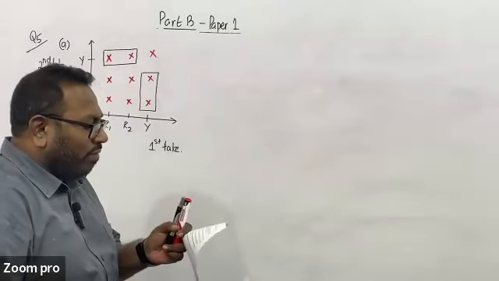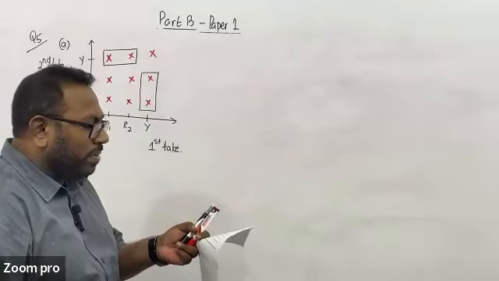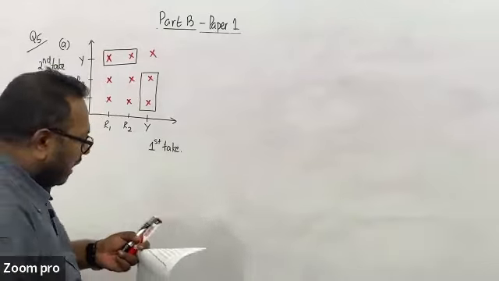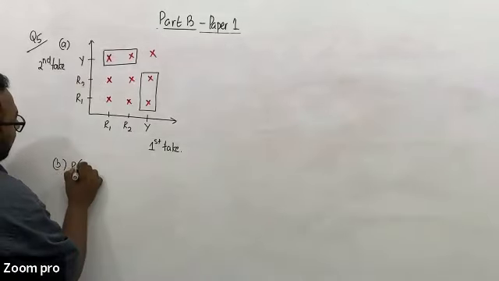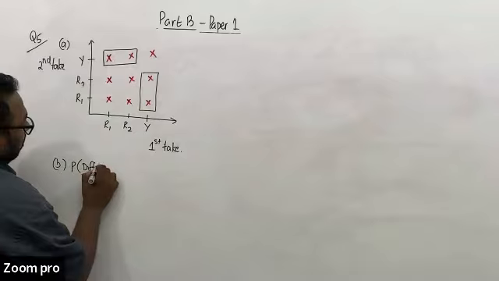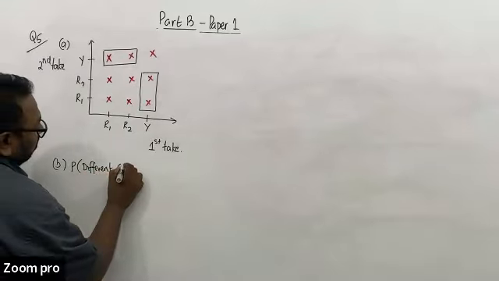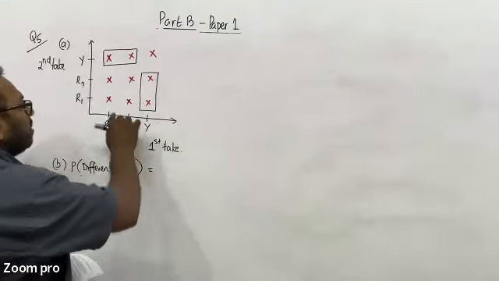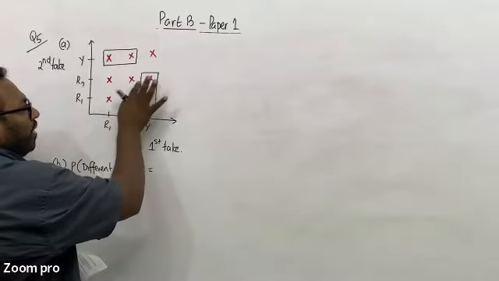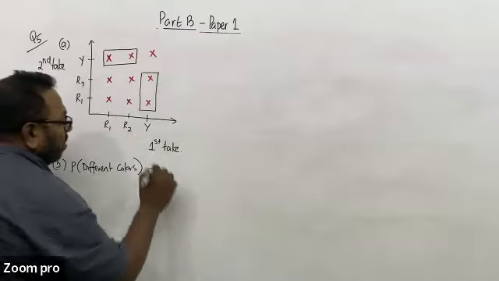So they are asking, find the probability of obtaining beads of different colors in both occasions. So question number B, probability different colors, right? What is your total sample space? 1, 2, 3, 4, 5, 6, 7, 8, 9.